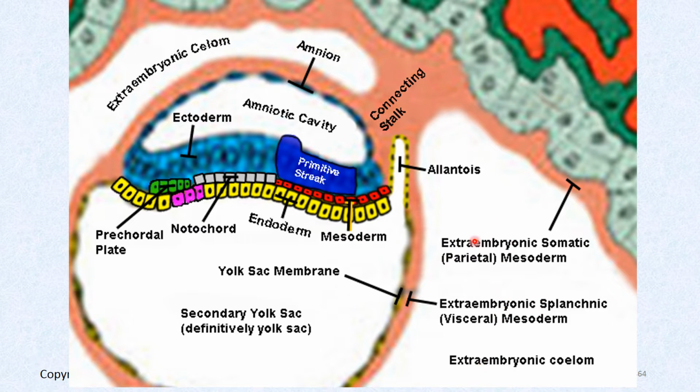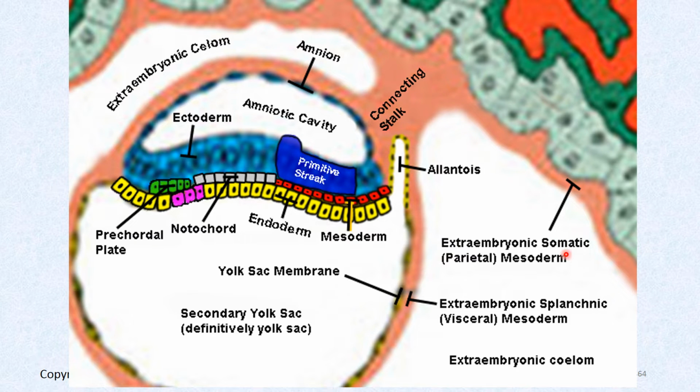This huge cavity developed, which is called the extraembryonic coelom, or extraembryonic cavity, or chorionic cavity. And it grew and it grew and it grew, and it basically created 2 new layers, a splanchnic and a somatic extraembryonic mesoderm.